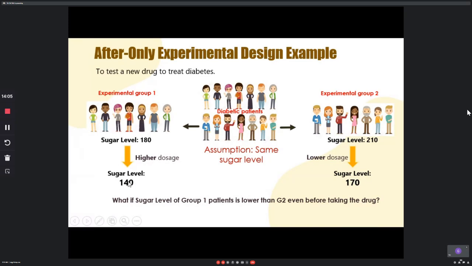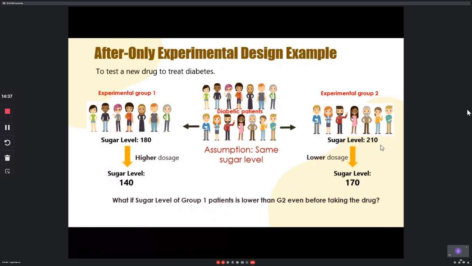The sugar level here will definitely be lower than this group, which is a bias actually, because you only assume that they have the same sugar level. But actually group 1 coincidentally has a sugar level of 180 before they start the experiment, and experimental group 2 has an average sugar level of 210, so it's not similar. This group doesn't have the same sugar level.